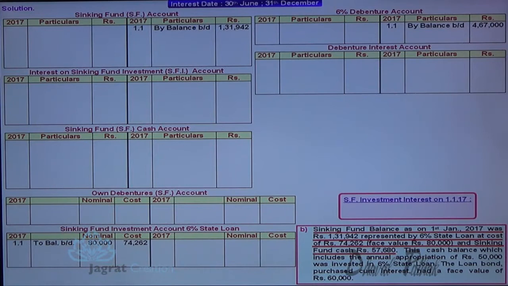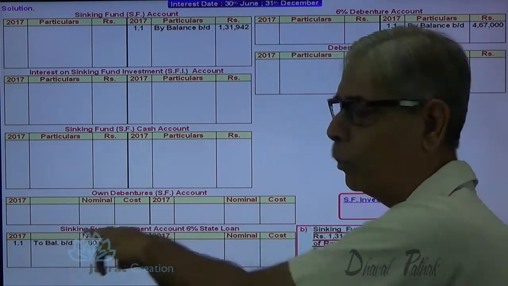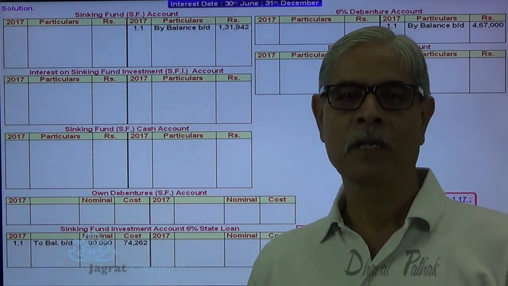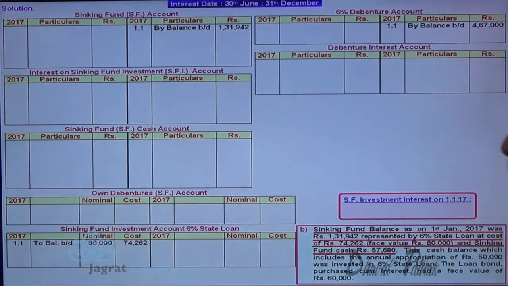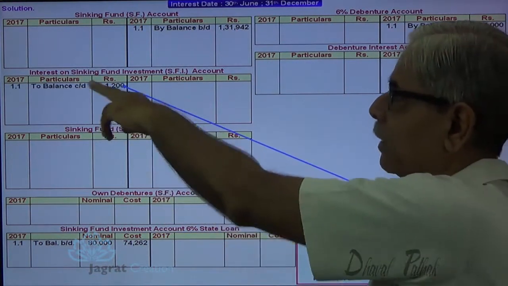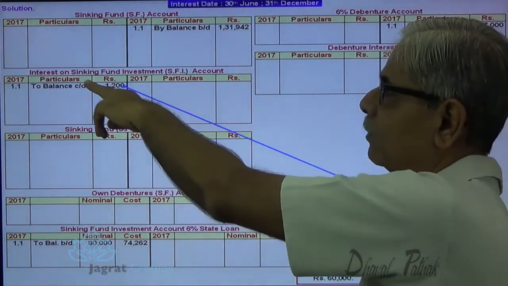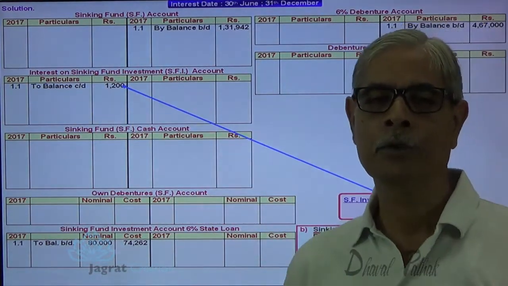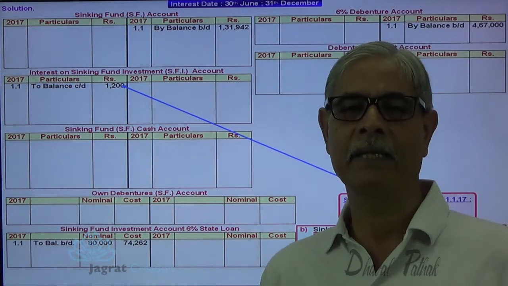Now, for the state loan opening balance on 1st of January, as I told you, the last interest was received on 30th September. So 3 months' interest has accrued, recoverable on this loan, and that should be considered when we write the opening balances. So sinking fund accrued interest: 80,000 into 6% into 3/12. This is interest receivable that is recorded as balance carried down in interest on sinking fund account. This is the interest recoverable at the beginning of the year.